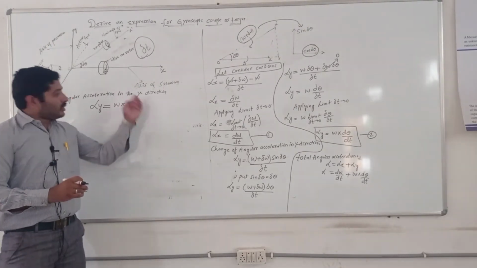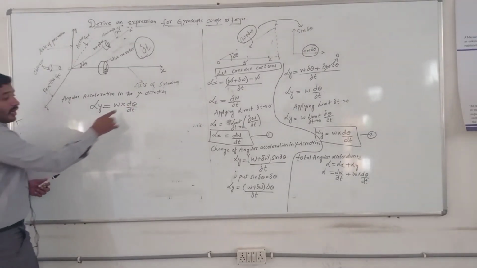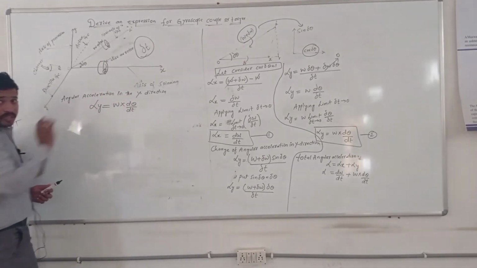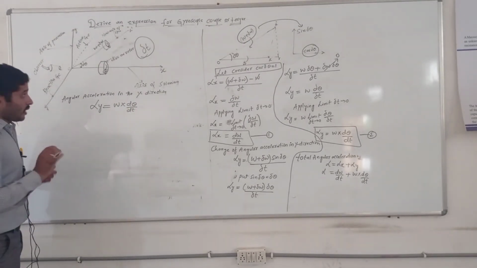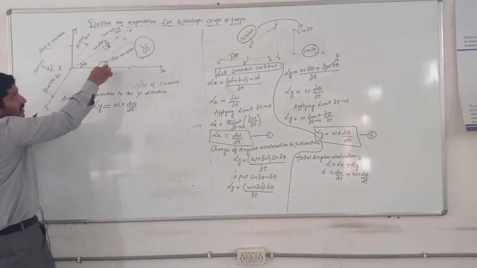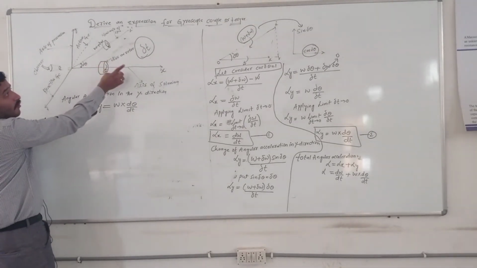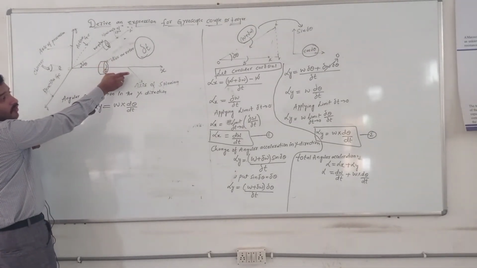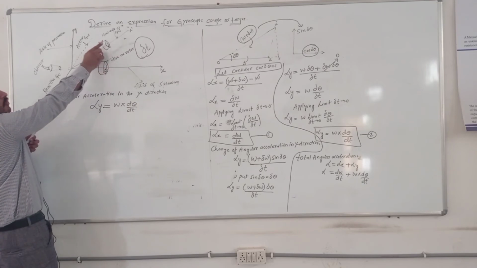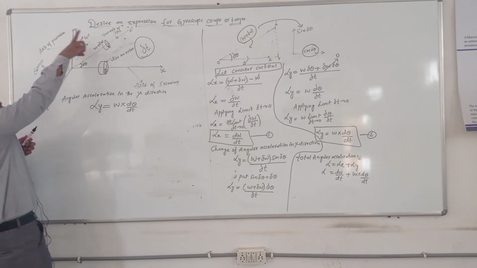So d theta by dt means that it is the angular velocity of precession. Is it right? This means that the disk is rotating from the initial axis of spin to the new axis of spin, moving in which direction?